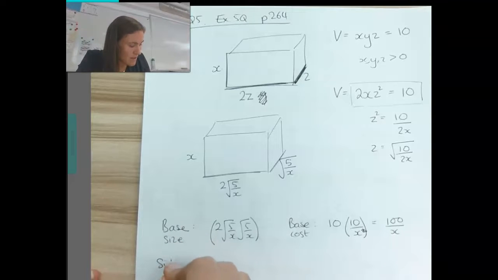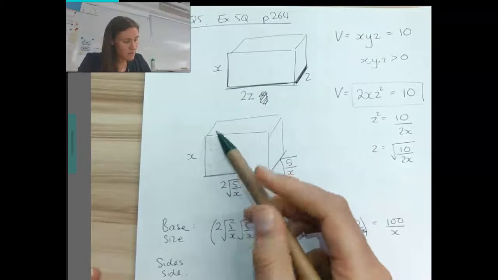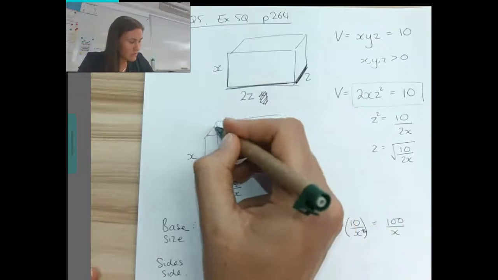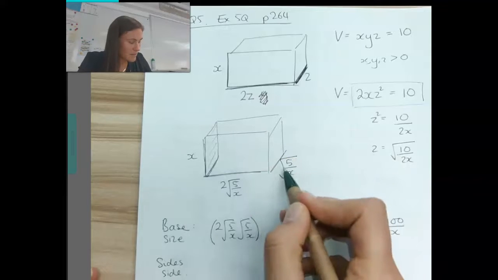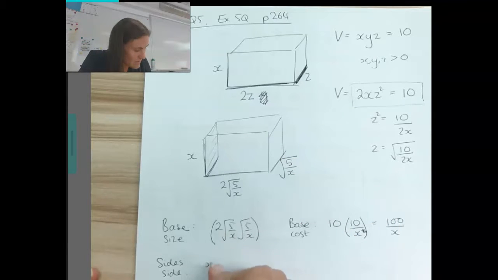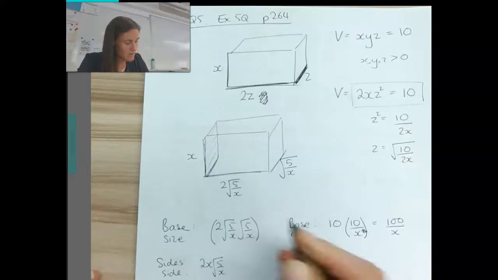Right, now we've got the sides size. So our sides will be, I'll have 2 of these sides, which will be x by root 5 over x. So I'll have two of those. That's the 2, that's the height, that's the other bit.